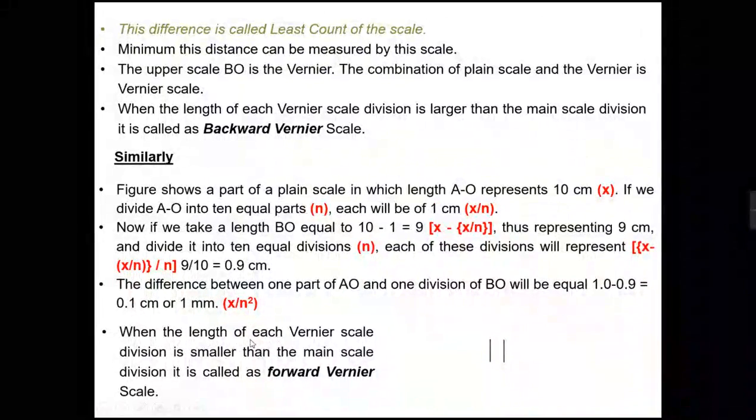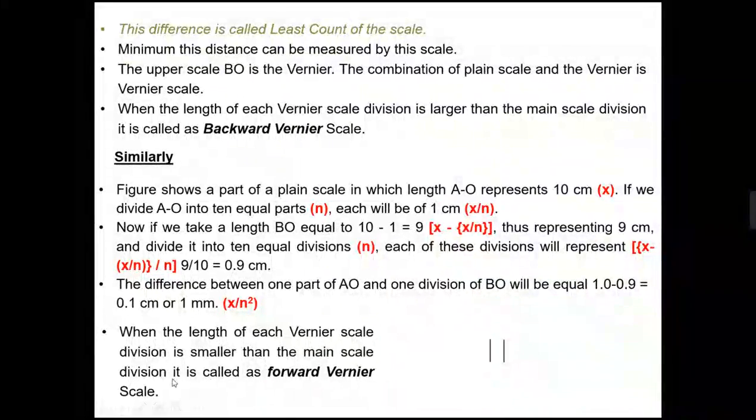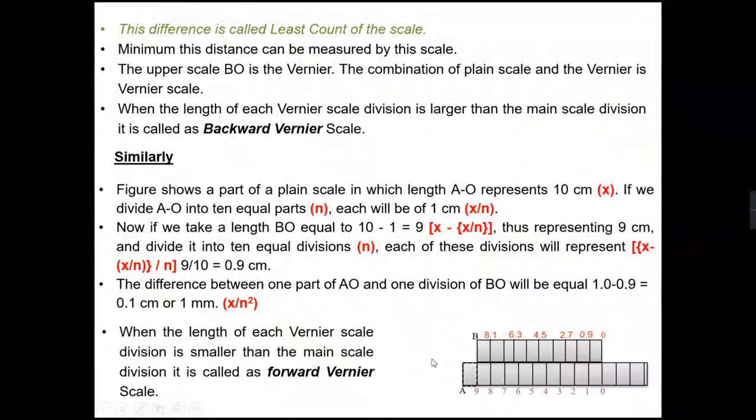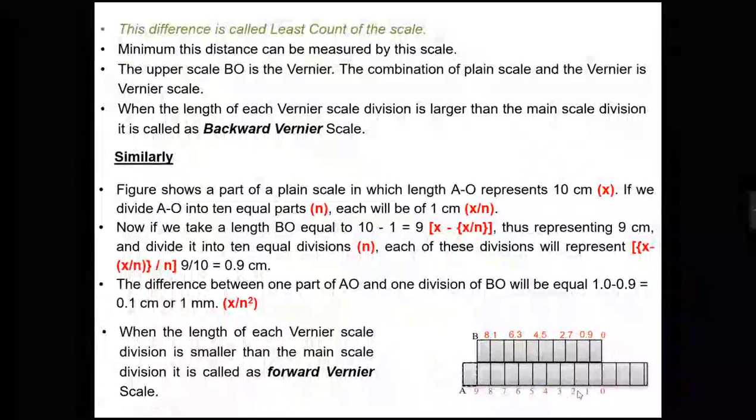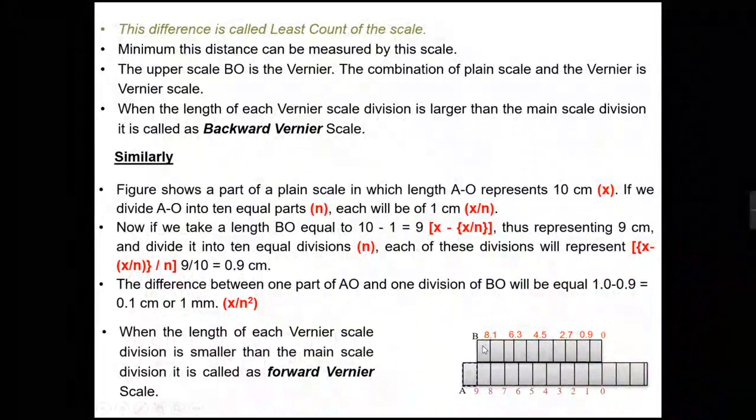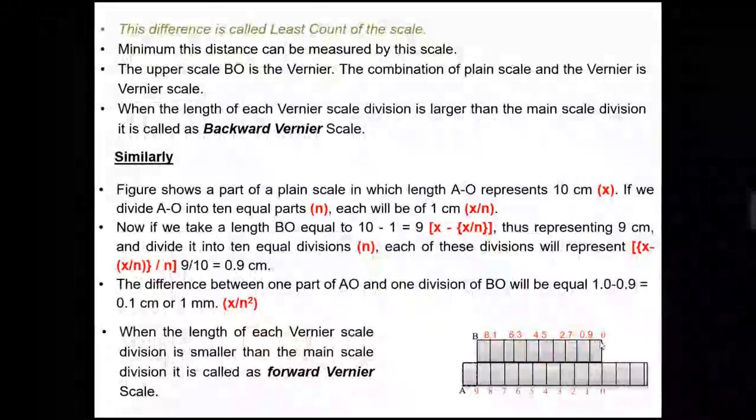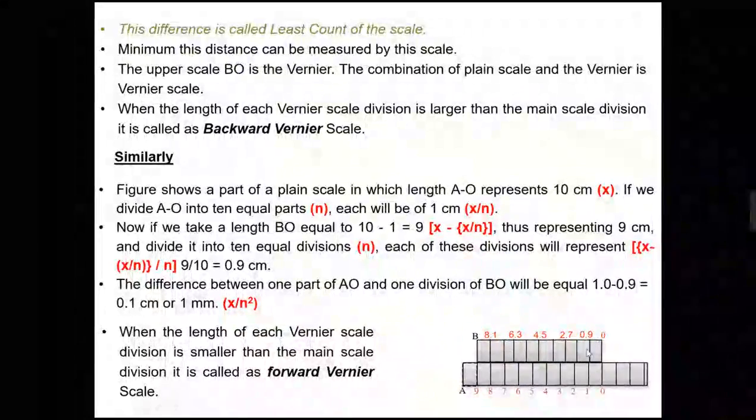When the length of each vernier scale division is smaller than the main scale division, then it is called the forward vernier scale. So it is your forward vernier scale. This length is nothing but 9 centimeters. So each part will represent 0.9 centimeters.